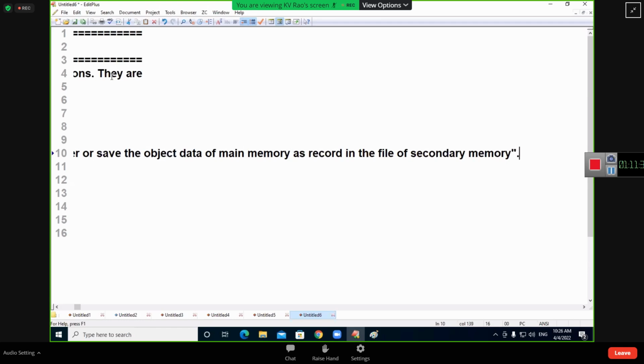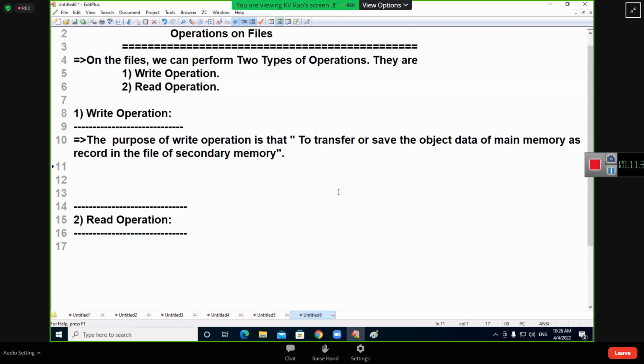This is the main aim of write operation. What are the steps in write operation?